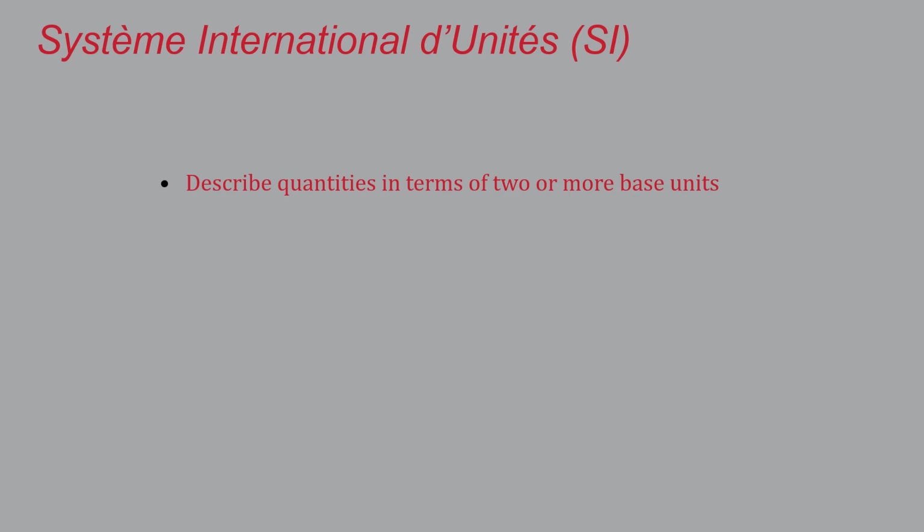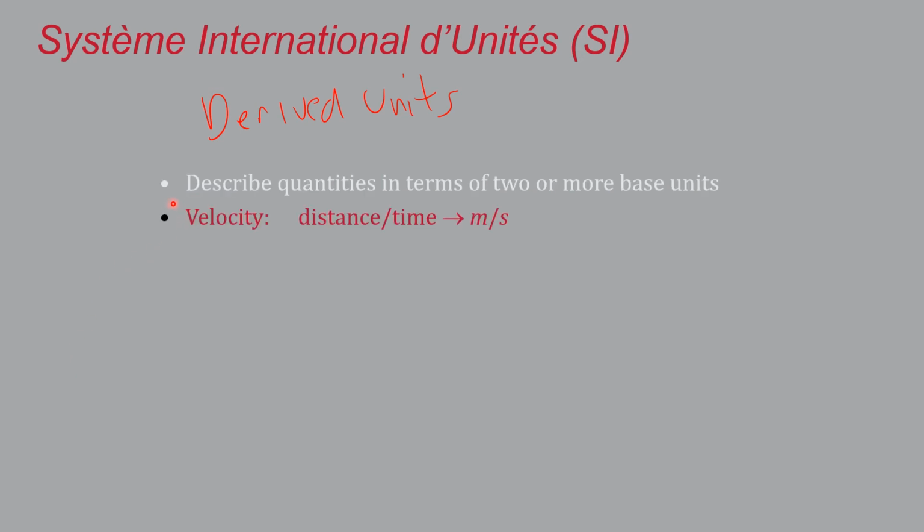And let me scribble it on here. As the name would imply, those are simply quantities that must be described with a combination of 2 or more base units. And let me give you some examples.